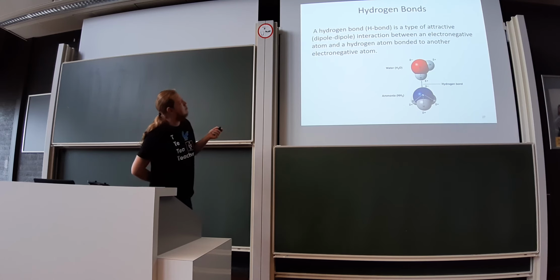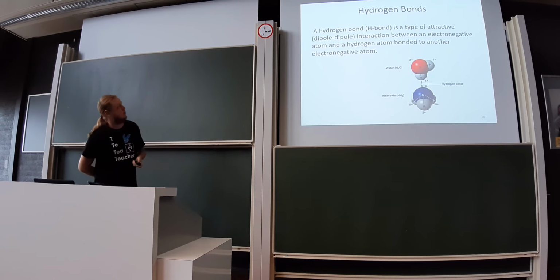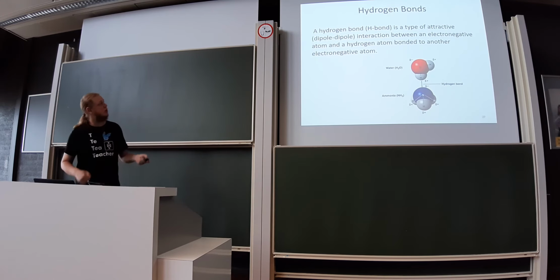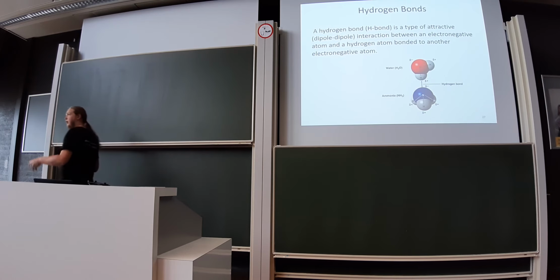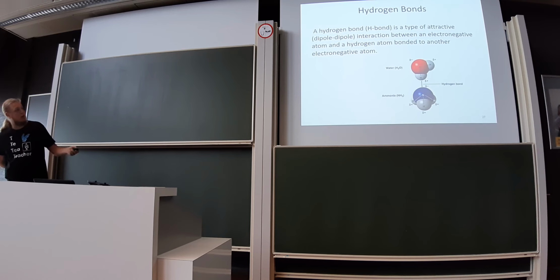Okay, so a hydrogen bond is an attractive interaction between two dipoles. And this happens when an electronegative atom is in the proximity of an electropositive one, and this is roughly what that looks like. So here we have a water molecule, 2 H's and an oxygen, and an ammonia molecule which has a negatively charged nitrogen atom.